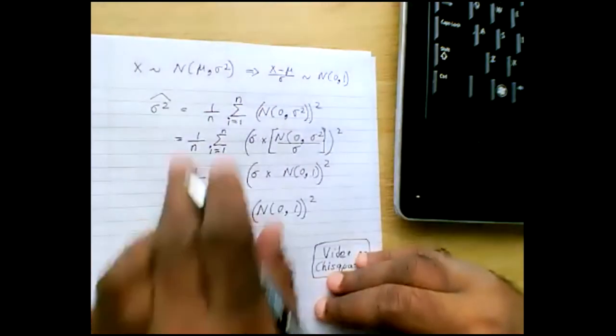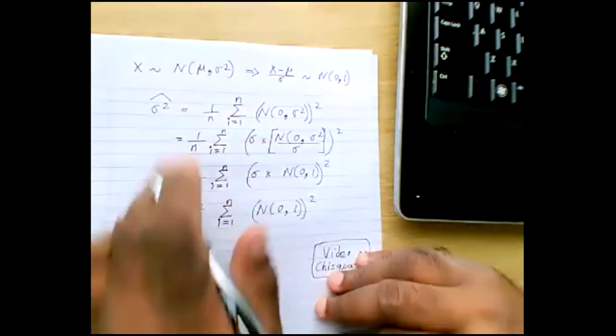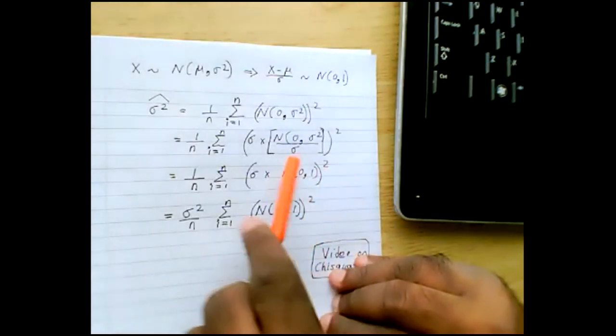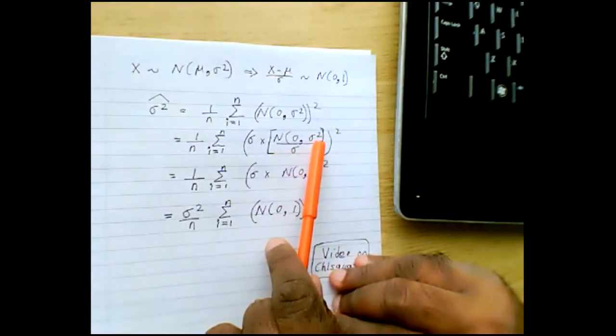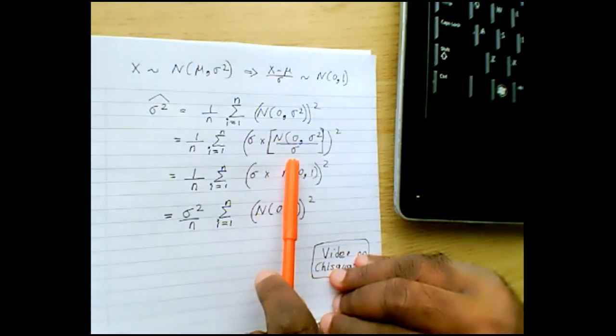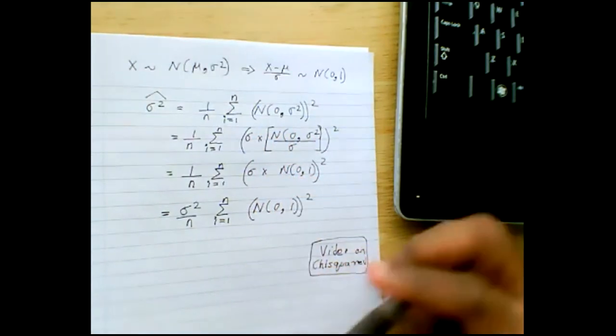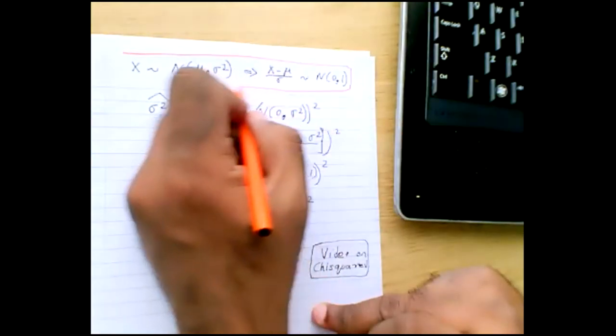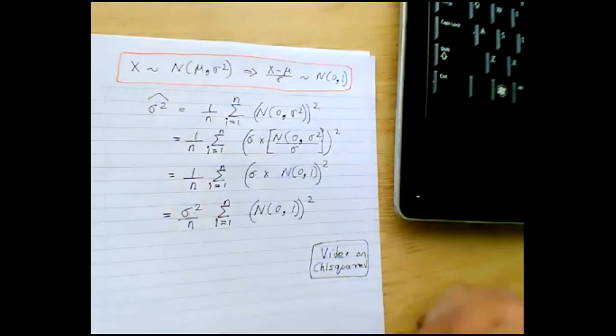I'm sure you know this result. So that's what I have used here. Here you have 0 mean and variance sigma squared, so if you divide this by sigma, you should get standard normal. So I have used this result here, which I'm sure you know, guys, right?